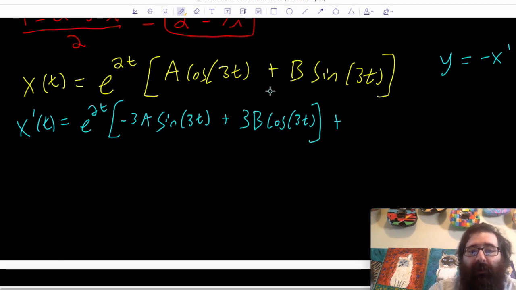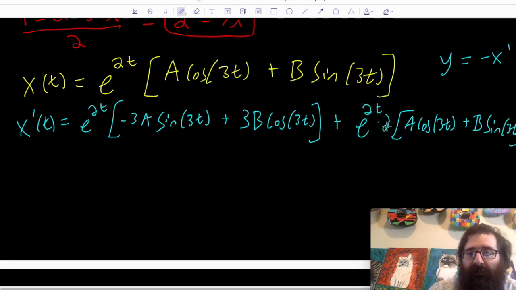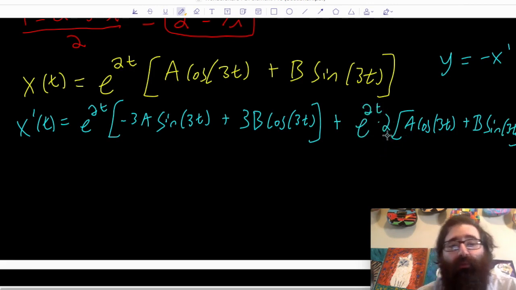Now I'm going to rewrite this second factor here, so I'm just rewriting a cosine 3t plus b sine of 3t times the derivative of e to the 2t, which is e to the 2t times 2, and that's with chain rule.